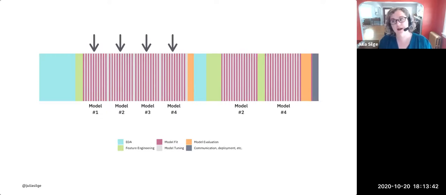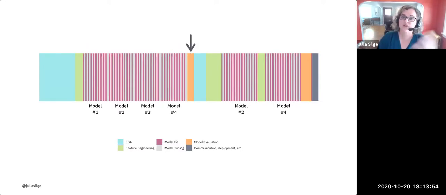Instead, we need to empirically try different models and see which one is going to perform best for the problem space that we're working in. The next thing there is model evaluation, where we measure how well a model performs. And we use some metric here that's appropriate to that specific kind of model and problem. We measure how the model is doing.